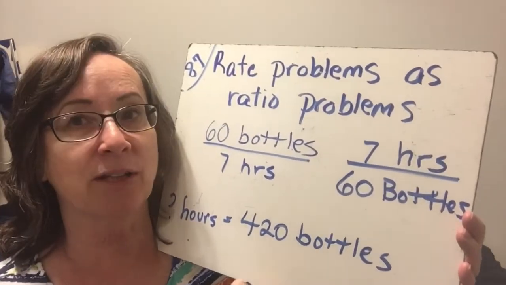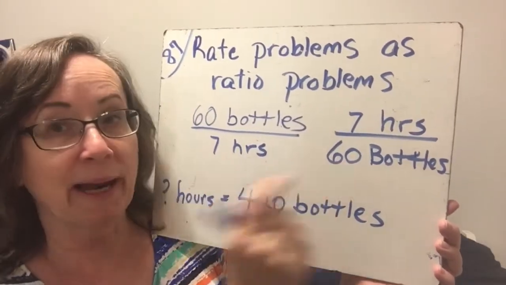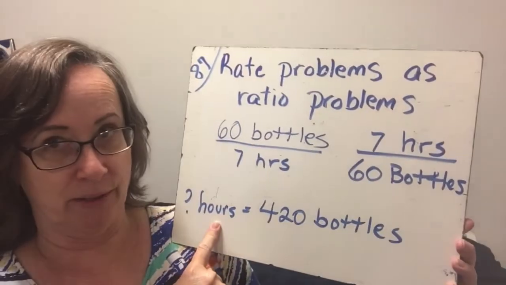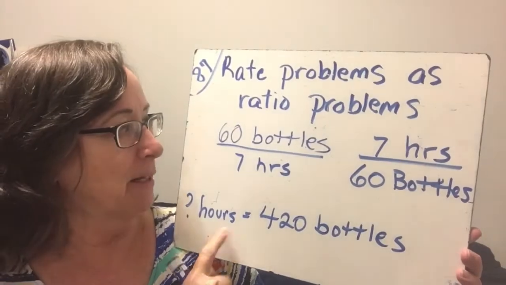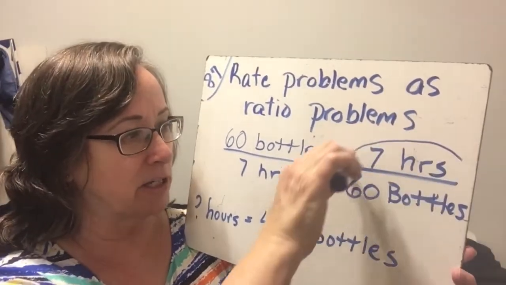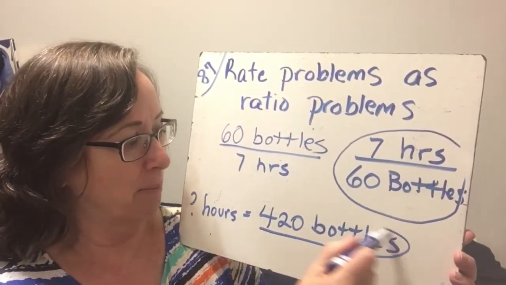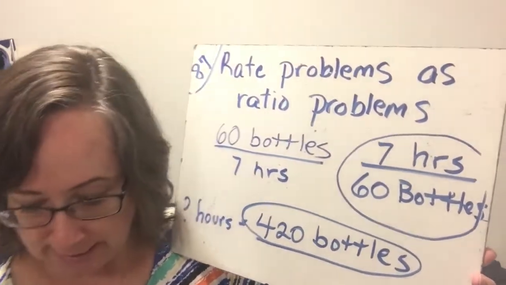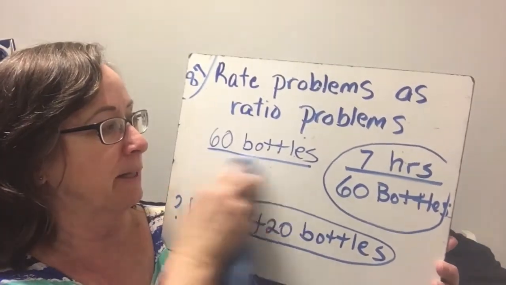But I have to look at the question before I know which one of these two rates I'm going to use. It says, how many hours? So we want hours on top. So we're going to use this ratio. And we're going to multiply by 420 bottles. So since we've decided which one we're going to use, we're going to erase this one.